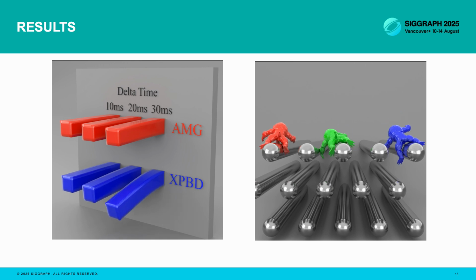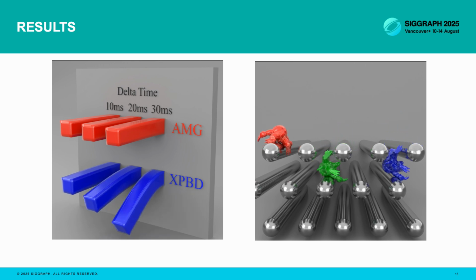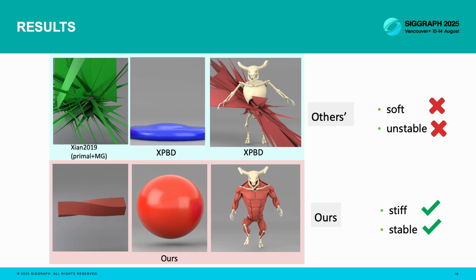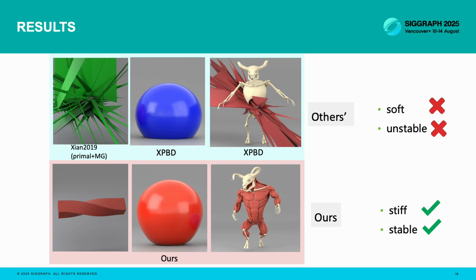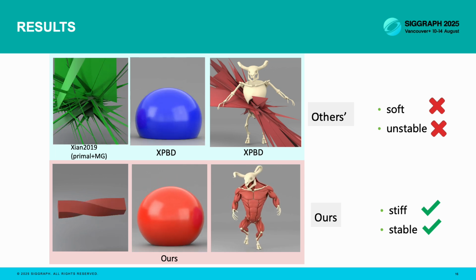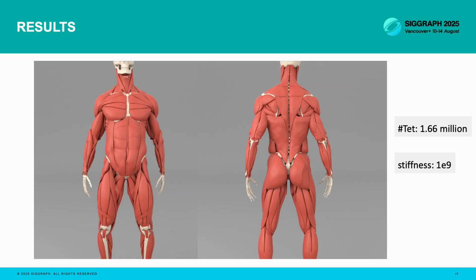We show that our method handles larger dt without softening in a beam bending experiment. On the right, we show that our method is able to handle collisions as XPBD does, due to the same input and output. In summary, compared to primal space methods and XPBD, ours is more stable and maintains stiffness and high resolution at high stiffness.